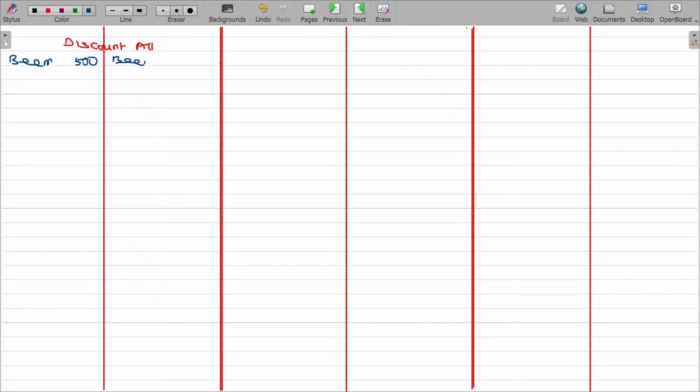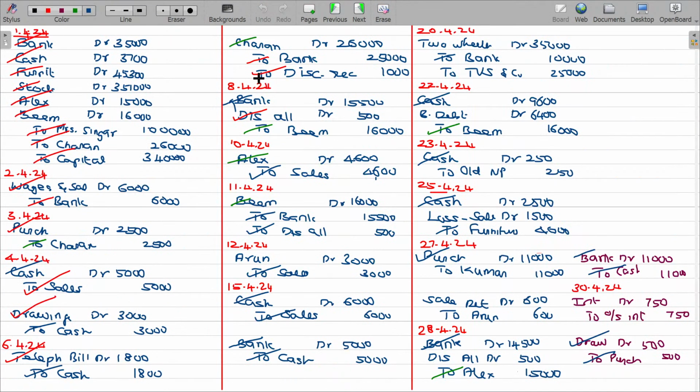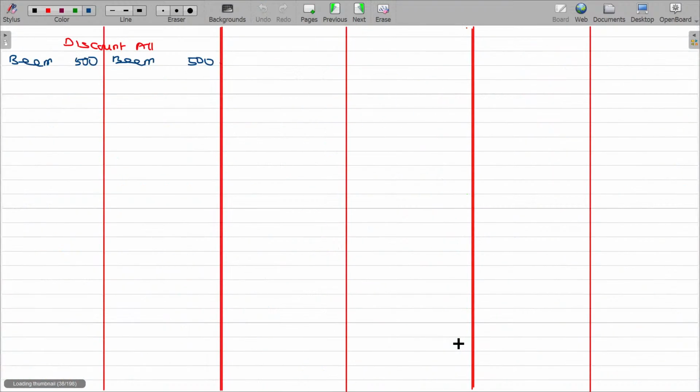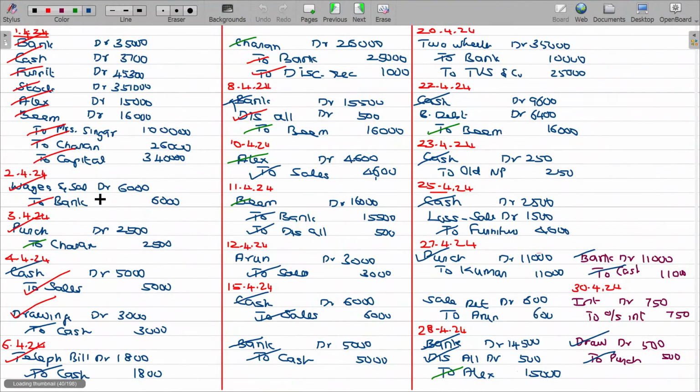Beam 500. And here is to Alex 500. That's all. 1,000. 500 is balance carried on. Balance brought down 500. Clear?